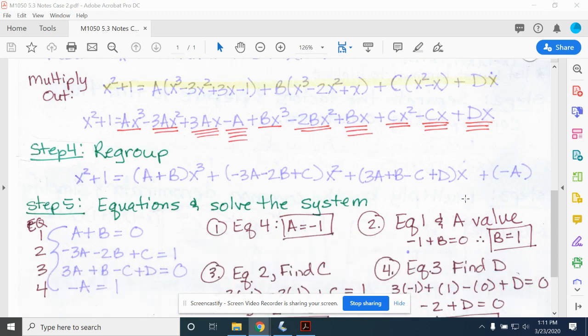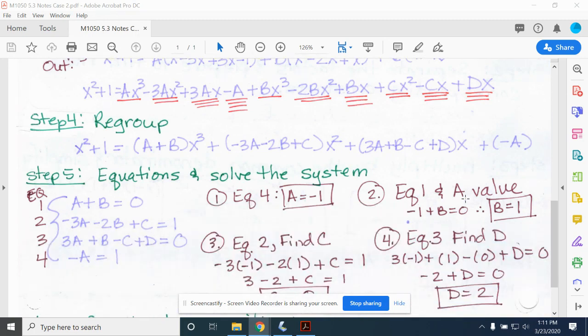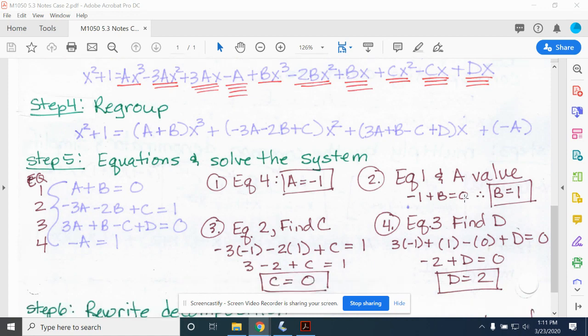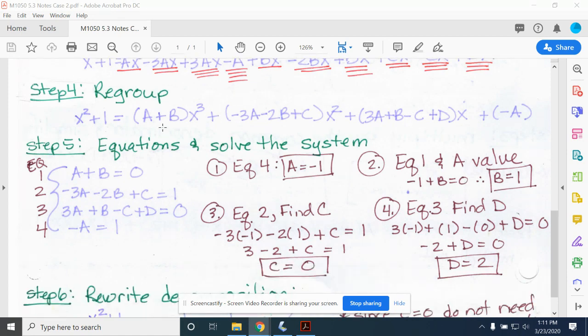Our next step will be to write our equations. This one is really nice for us. You can see that our coefficient on the left-hand side, I do not have an x cubed. Therefore, a plus b will equal 0. Of x squares, I do have a coefficient of 1. So my coefficients on the left and the right do equal.